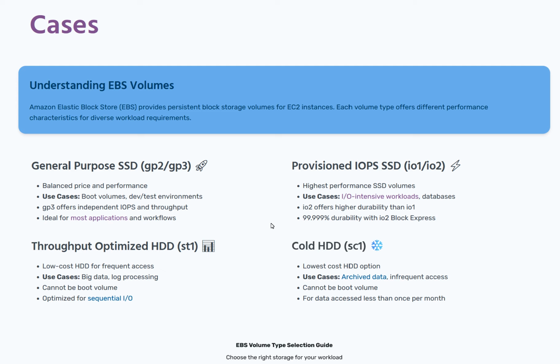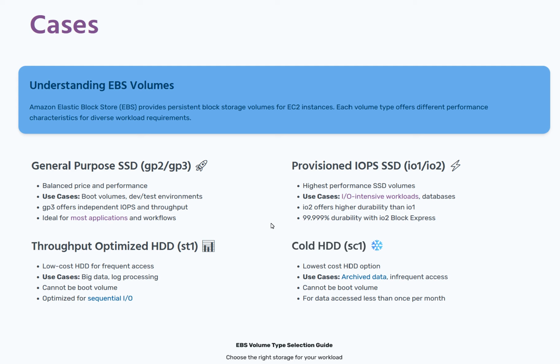This is the highest performance SSD volume, for IO intensive workloads and databases with the highest transactions per second. IO2 offers higher durability than IO1, and you have five nines durability with IO2 Block Express.